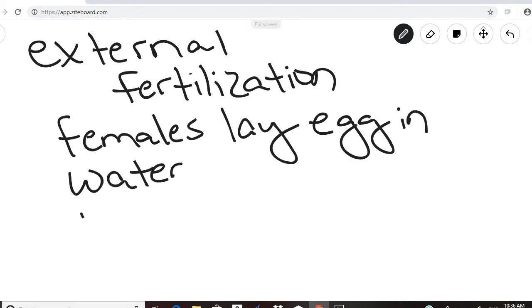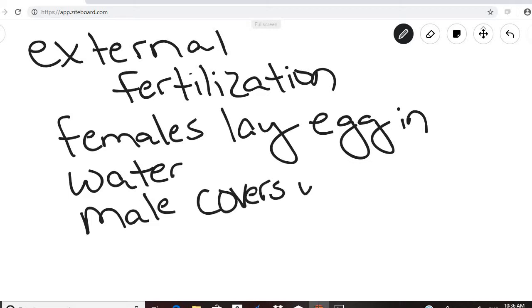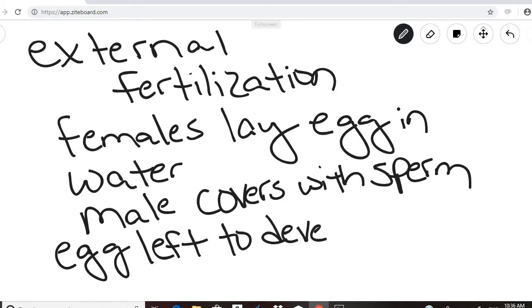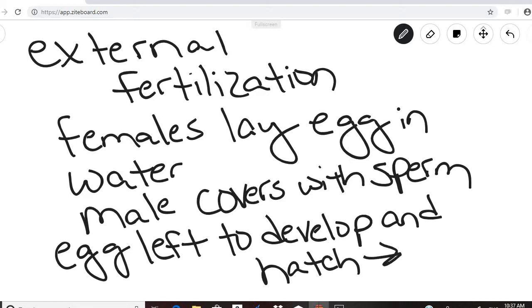And then the males cover those eggs with sperm. And then you hope that fertilization will take place. Then the eggs are just left to develop and hatch. So we would say they are oviparous.